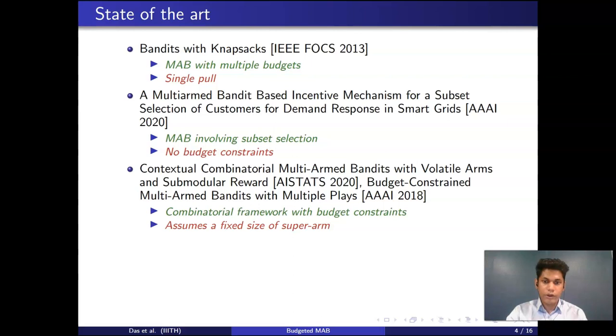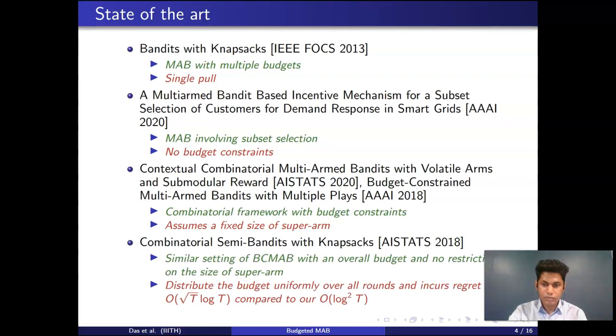Papers like contextual combinatorial multi-arm bandits with volatile arms and submodular rewards, and budget constrained multi-arm bandits with multiple plays, have combinatorial frameworks with budget constraints. However, they have this innate assumption that a superarm can only be of fixed size. The paper that was the closest to us was combinatorial semi-bandits with knapsacks.